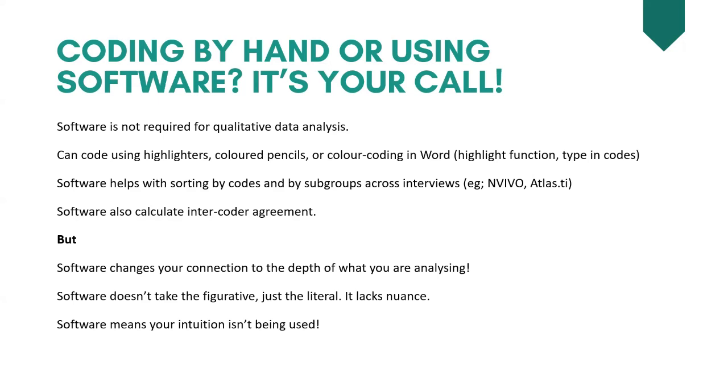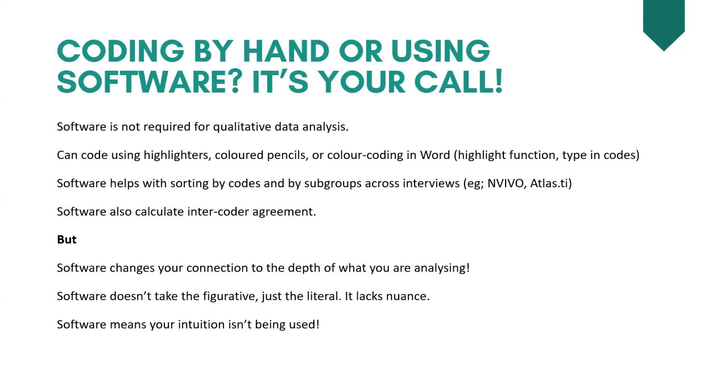Software doesn't take the figurative, it just takes the literal. So I used the example of the phone or the dog and bone before. That's the figurative versus the literal. It will actually think dog and bone refers to a dog and a bone rather than what its context is.